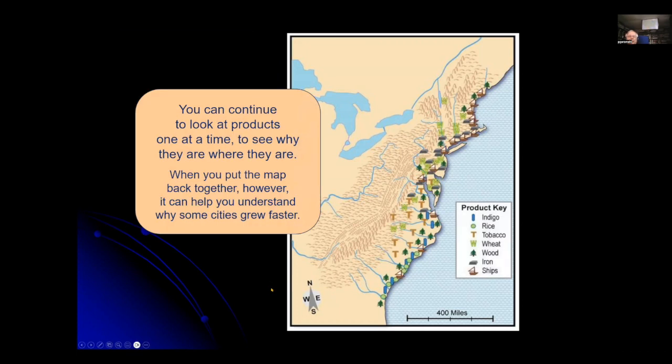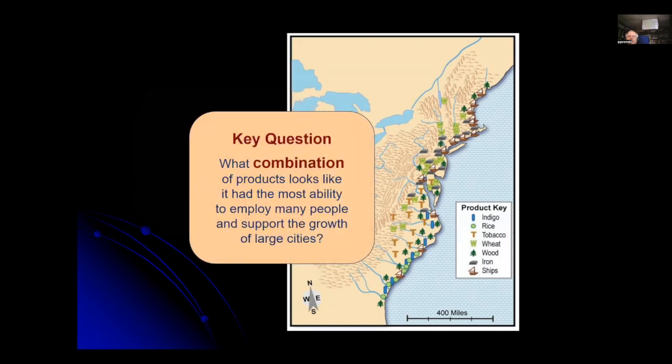Now you can put all the products on there, and you see just what combination of products are likely to employ the most people and to support the growth of large cities, and therefore to create the conditions for economic and political clout.